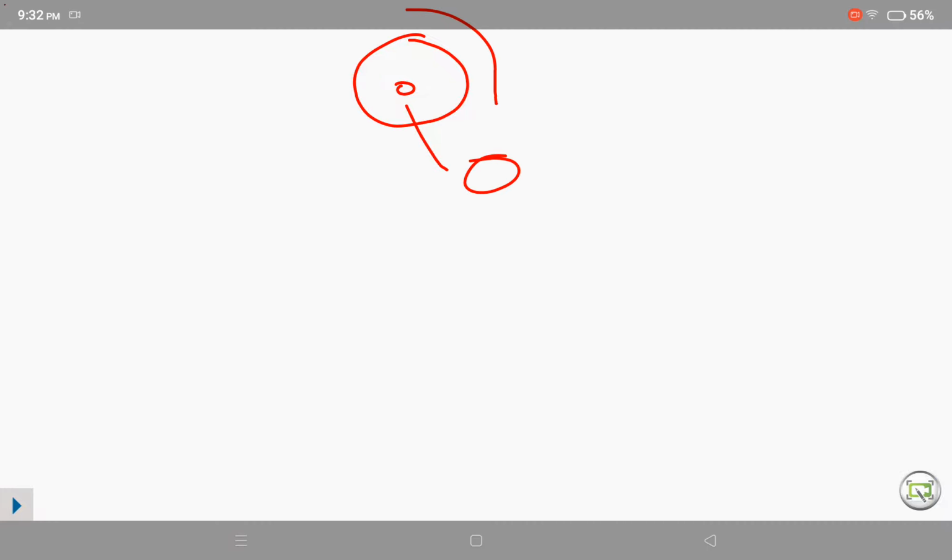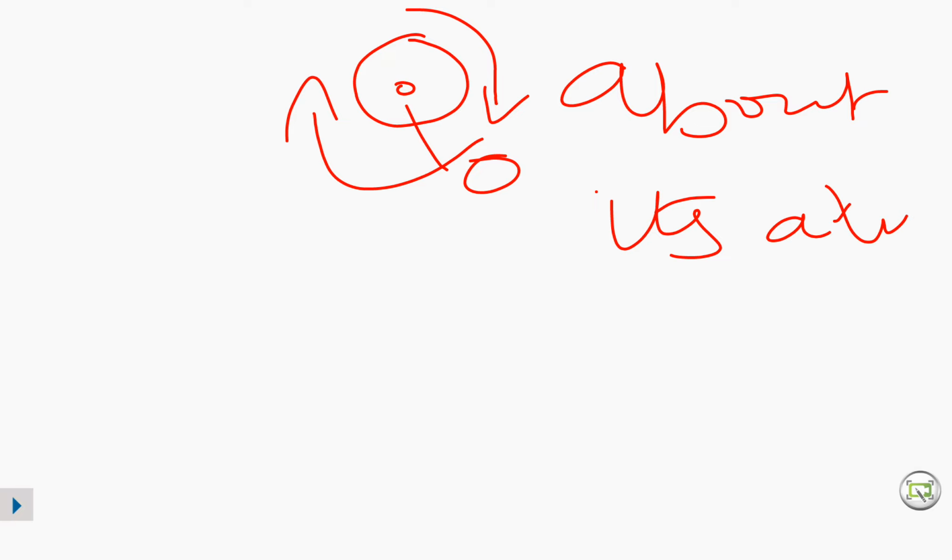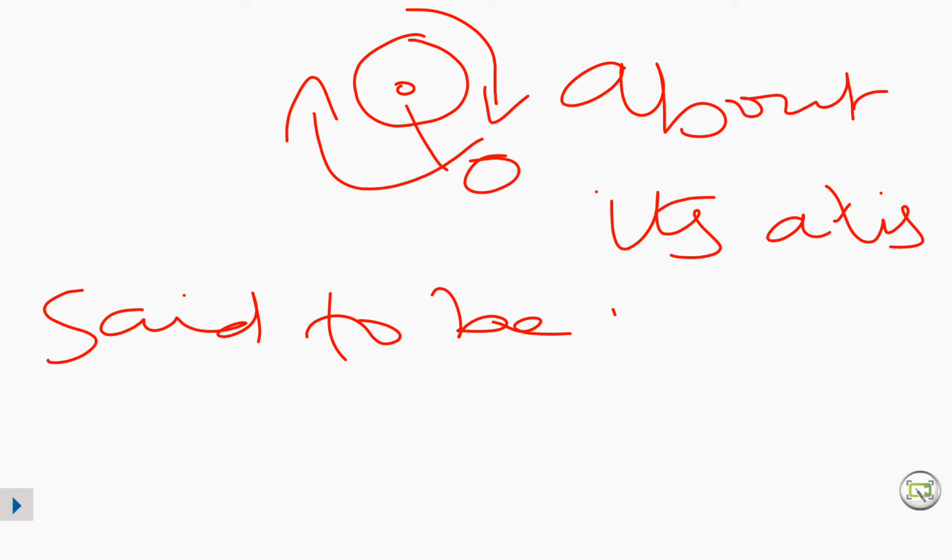So what about rotational motion? If an object is pivoted at a point, at an axis, consider this as O. If an object moves pivoted at a point, then it is said to be in rotational motion. If an object rotates about its axis, then it is said to be in rotational motion.